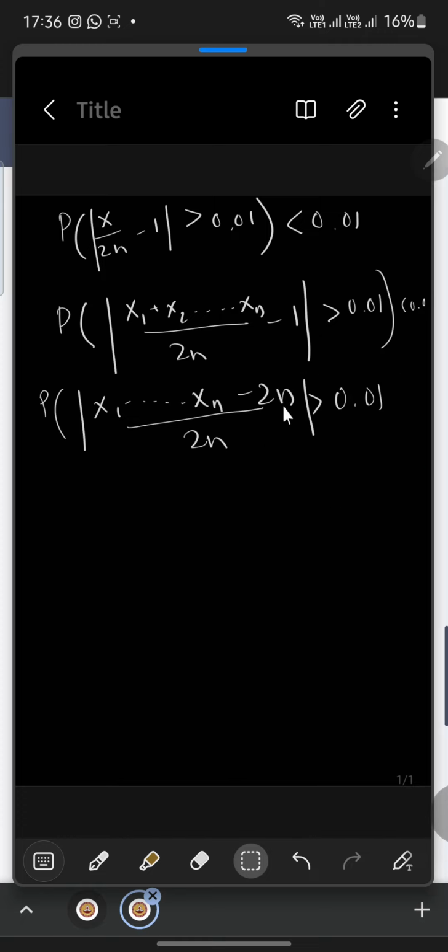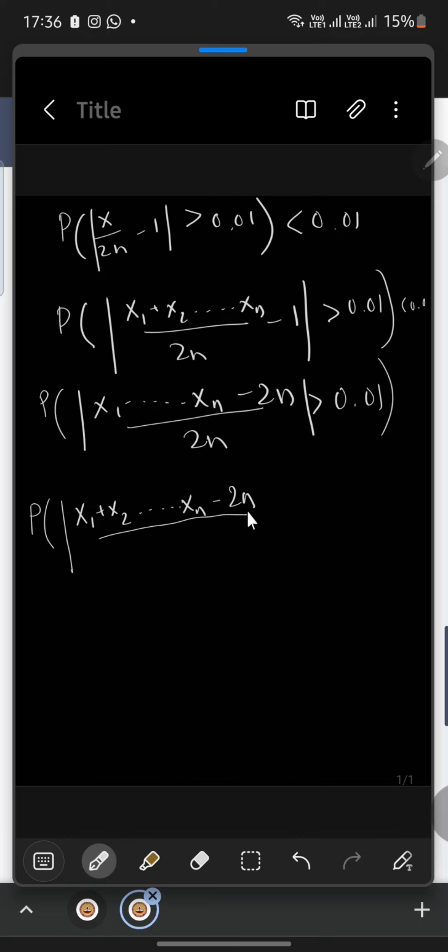So the probability of x1 plus x2 up to xn minus 2n by root 2n, the whole, would be greater than 0.01 root 2n, and this whole would be less than 0.01.